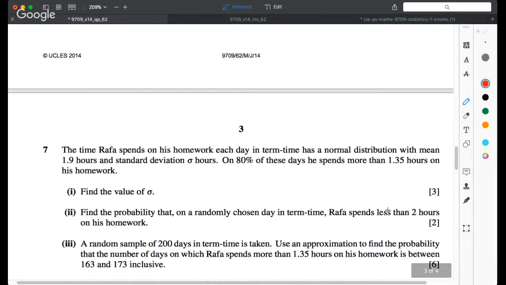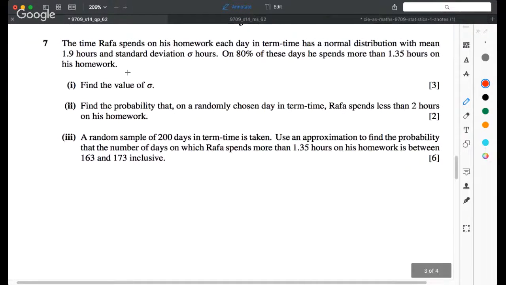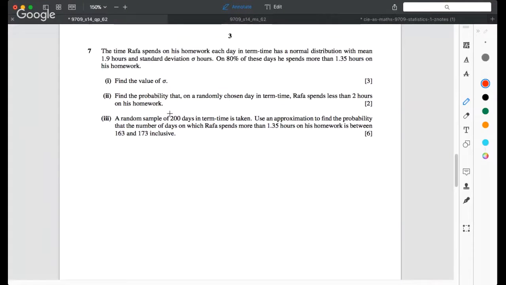And now we are looking at the last question. It clearly says that it's a normal distribution problem.